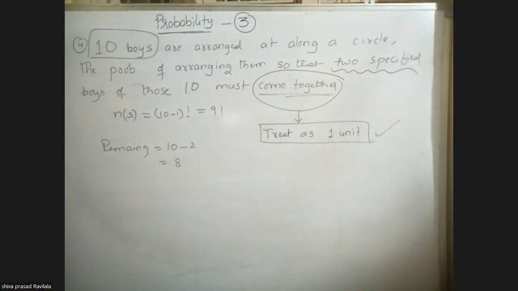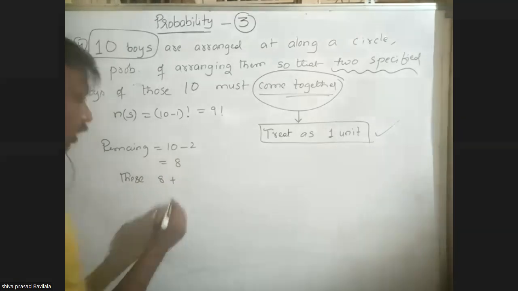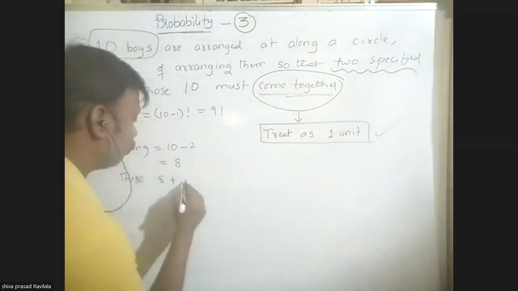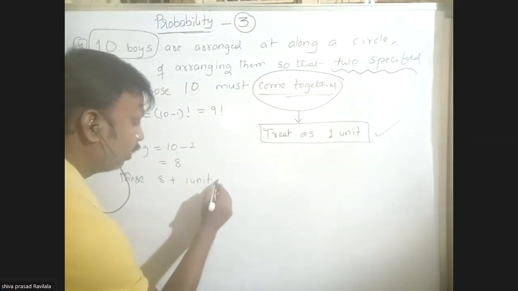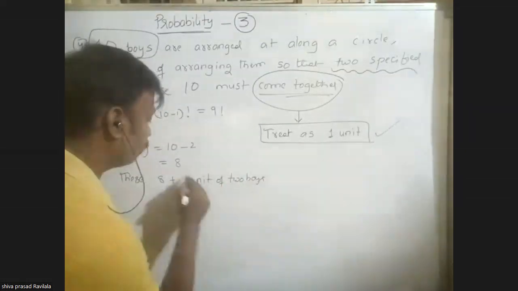Remaining how many members? 8 members. These 8 plus 1 unit of 2 boys. 2 boys means they are considered as only one.